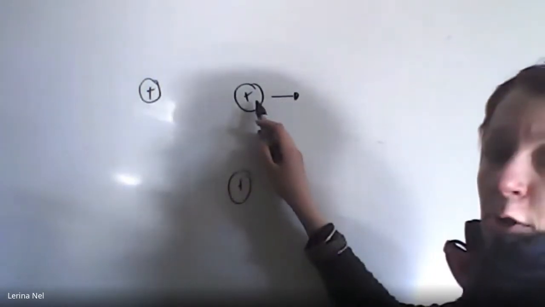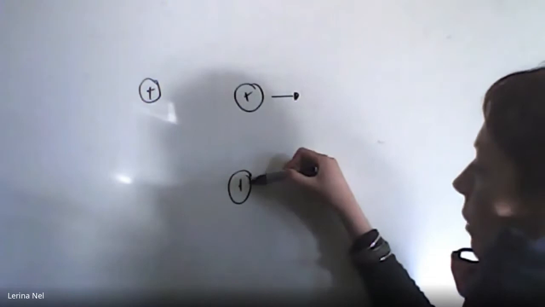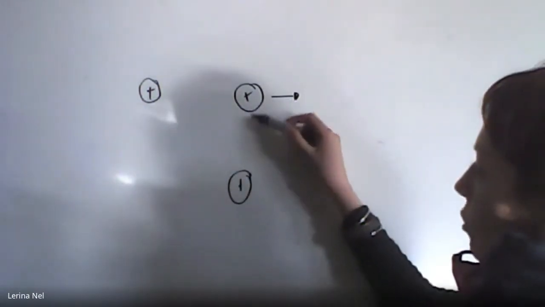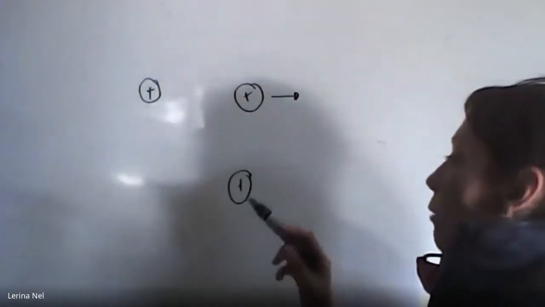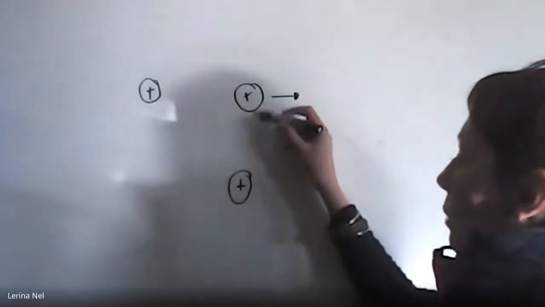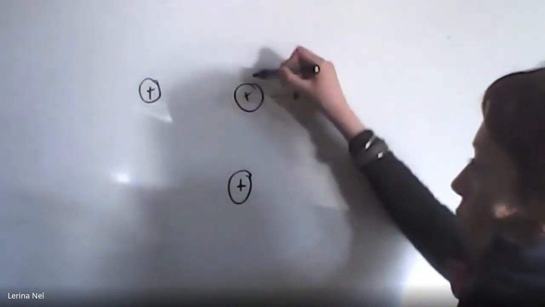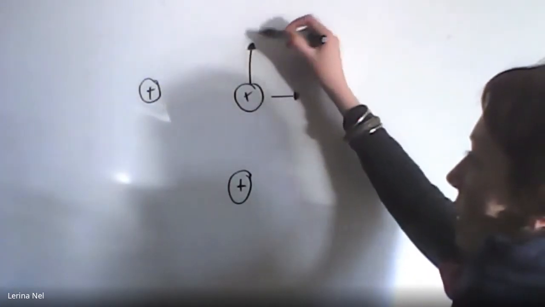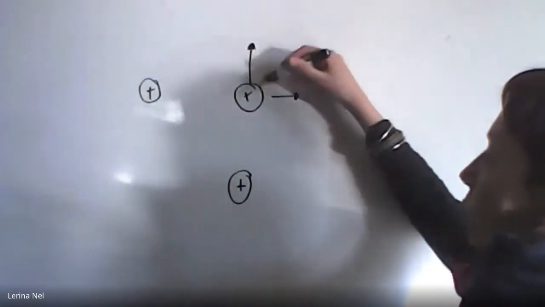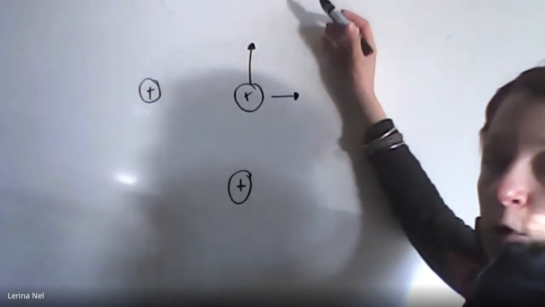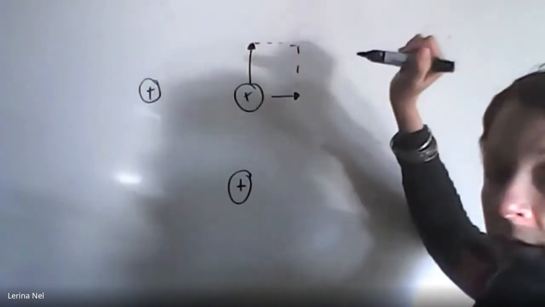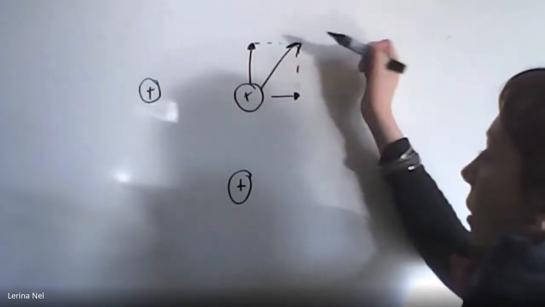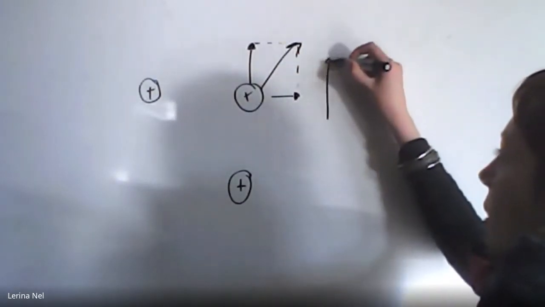Because both of them are positive. If we calculate the electrostatic force between these 2 charges, we'll come up with an answer using Coulomb's law, and because both of them are positive, we omit these signs, but it tells us it's a force of repulsion, it will be upwards. And now we basically have 2 lines for which we can draw a resultant. One way you can do it is the parallelogram method, like this. Another way in which you can do it is in detail.